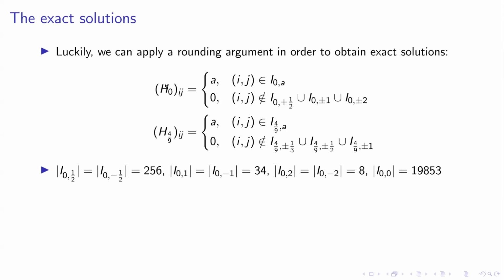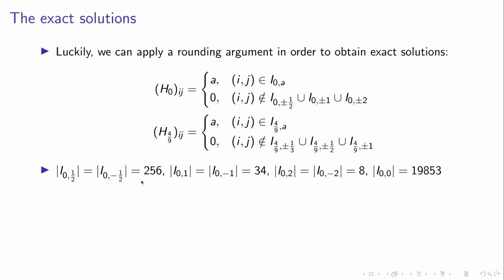For example, for the F0 polynomial, we have these entries. In the place ij, we have the value a, and this entry could only be 1/2, -1/2, 1, -1, 2, or -2.